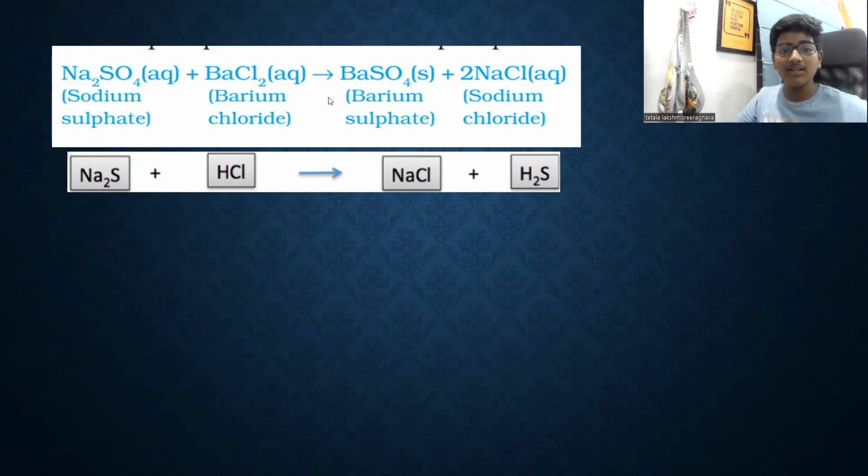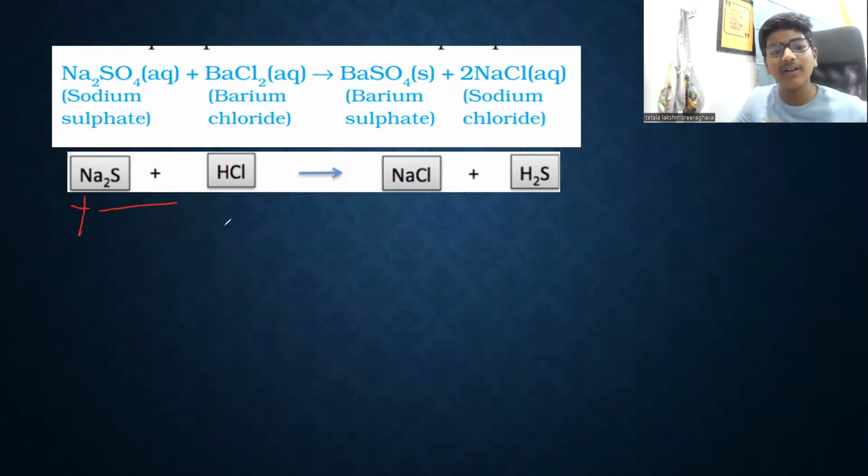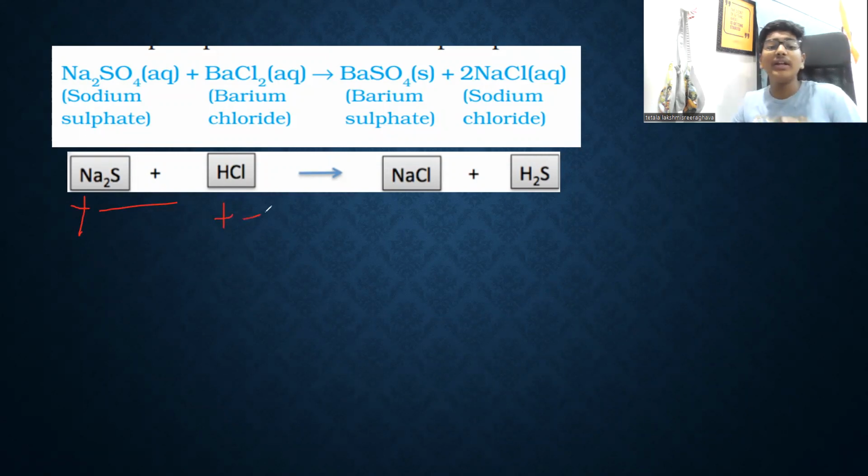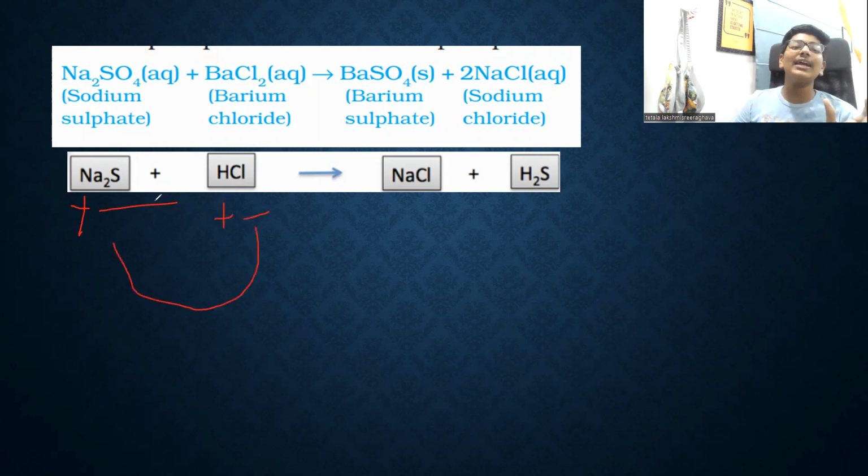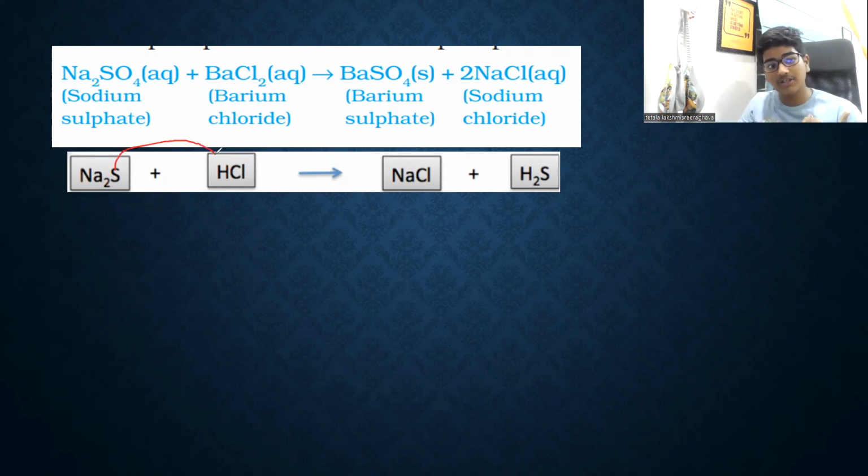So here, whenever we write ions, we write positive, negative, positive, negative. What did I say before? Positive will attract negative and negative will attract positive. So here sodium has a positive valency and chlorine has a negative valency. So this and this will get attracted and give us common salt as NaCl, and hydrogen and sodium are there.